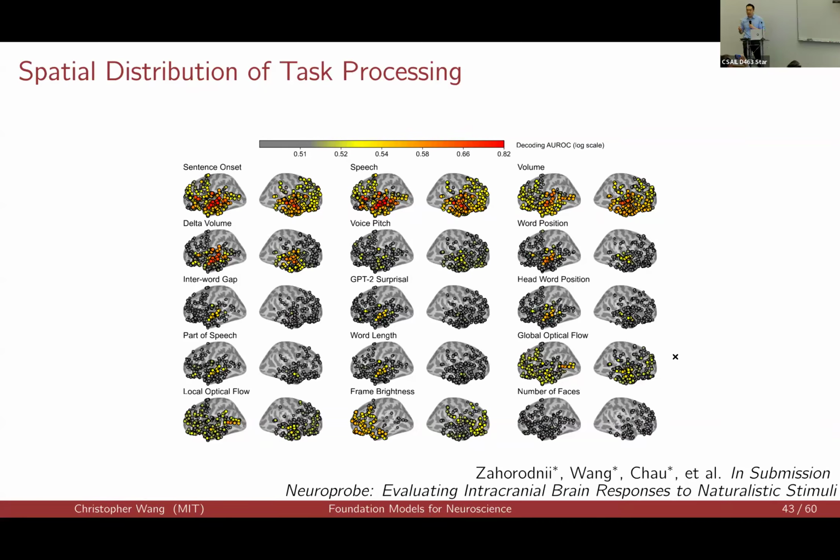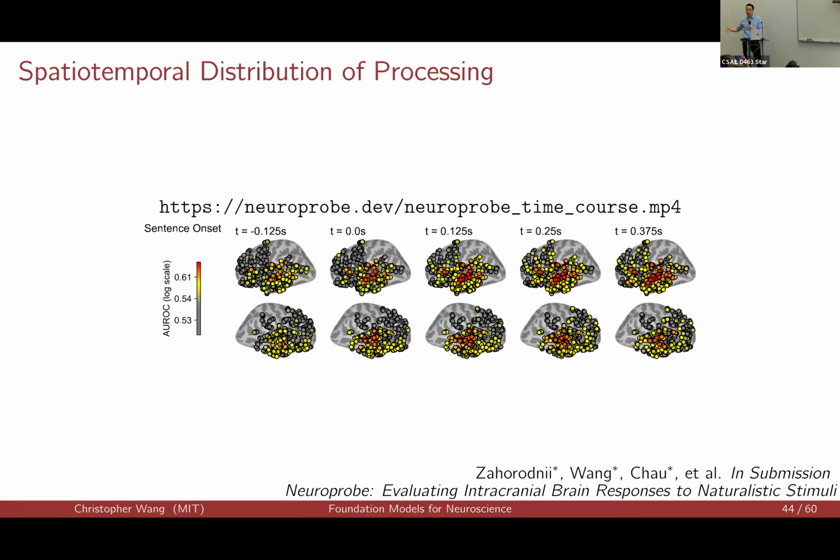And these vision tasks like optical flow are more decodable closer to the back of the brain, occipital lobe, closer to those earlier vision areas. And we can blow this chart up and get the time evolution of each task. So this is sentence onset decoding, and you can see that early, close to the beginning of the sentence, this task is most decodable, close to those audio areas in temporal lobe.